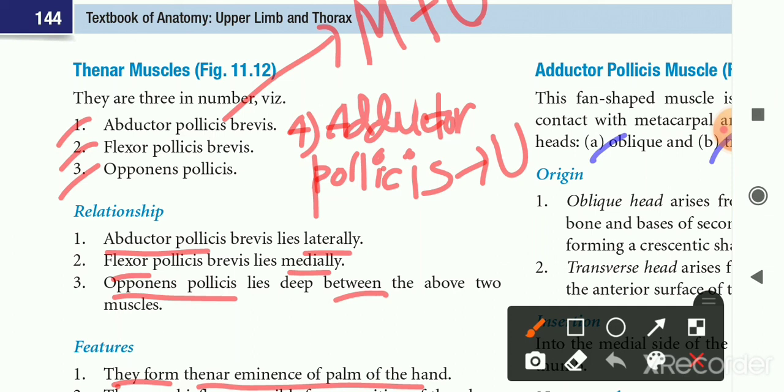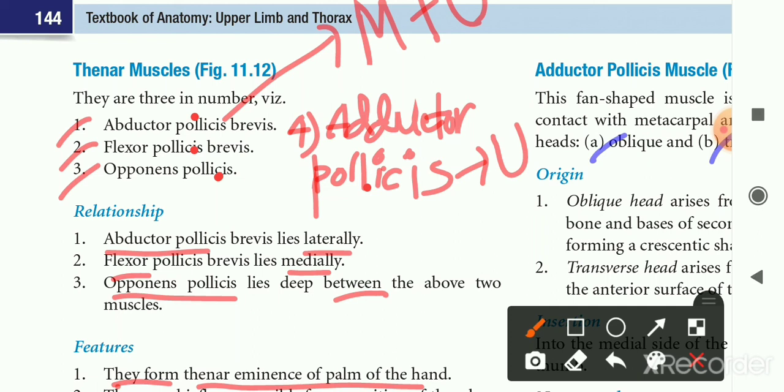So each name has pollicis in it. Their origin and insertion are not so important. We must remember the nerve supply and action of these muscles.